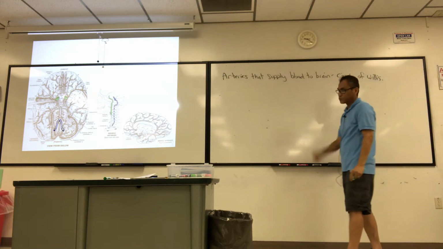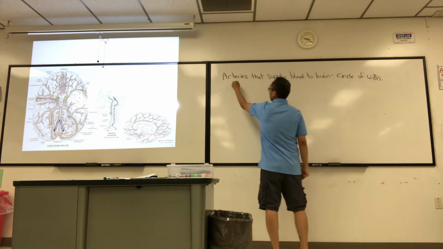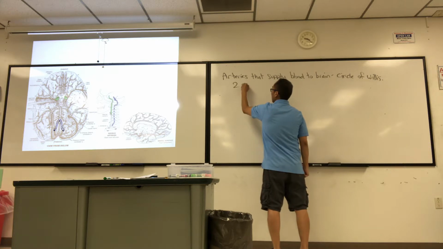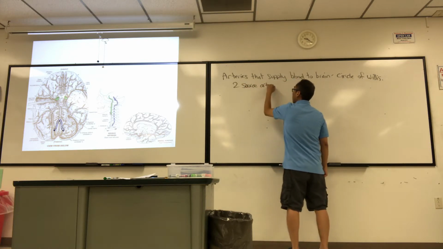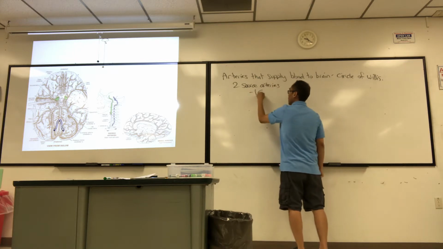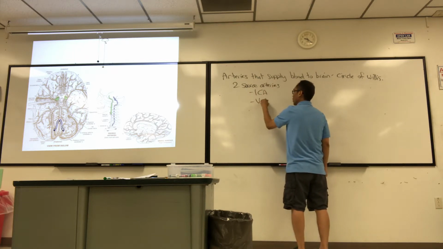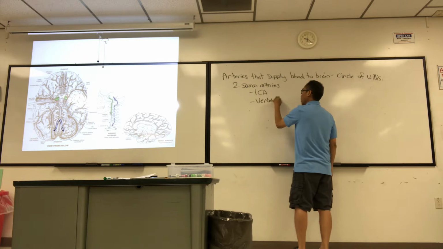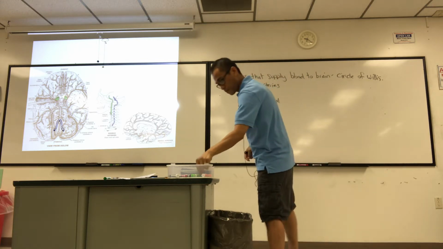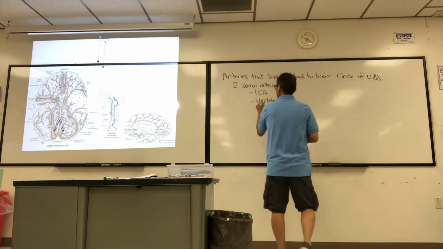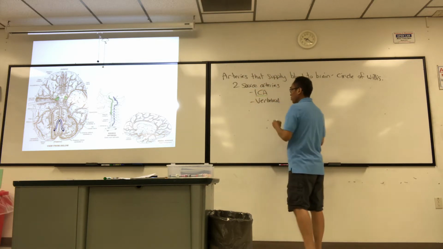And again, our two source arteries, ICA and vertebral, colored in green or blue.